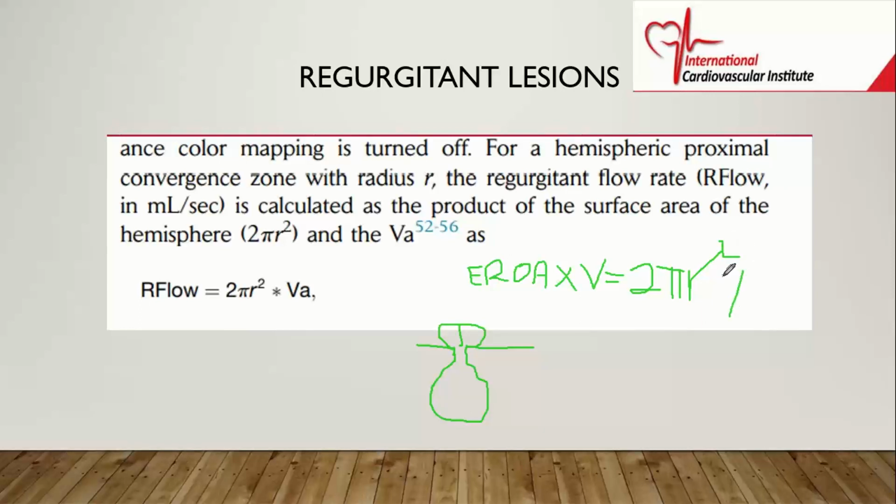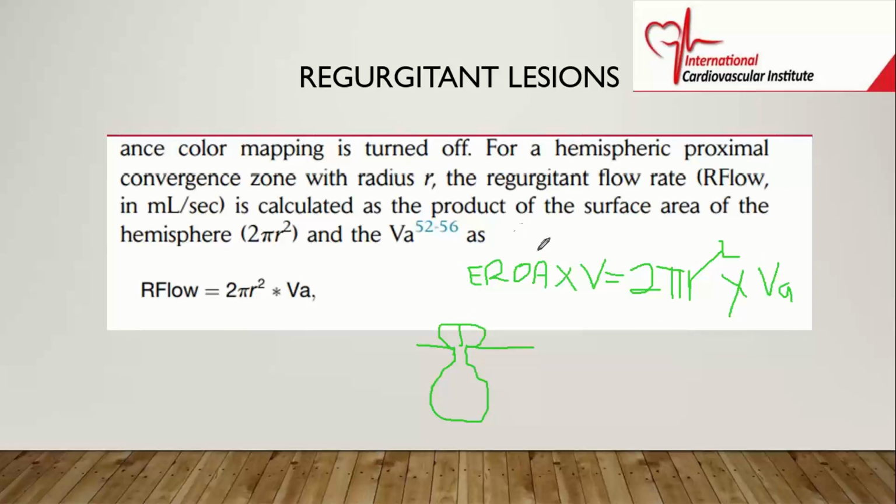And the velocity that we're talking about is the velocity that you shift on your color flow. So that's the aliasing velocity. You can see that on the machine. You can calculate this. The radius is this radius, you measure it.